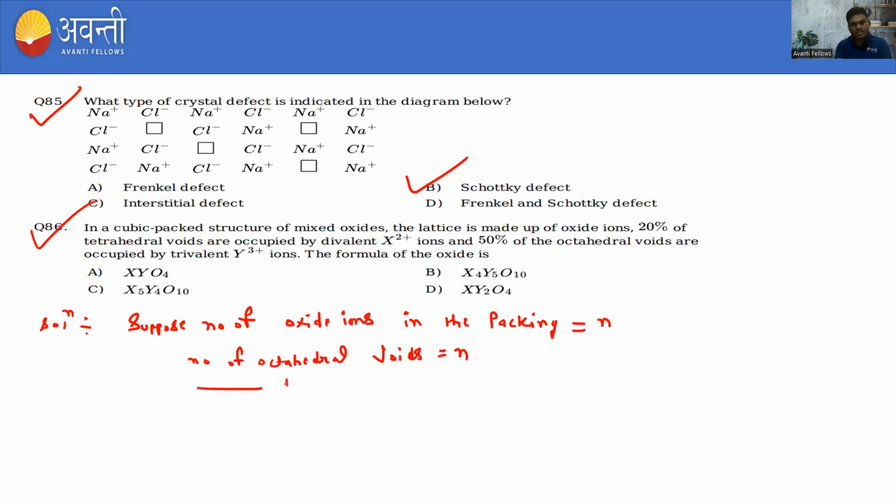So tetrahedral voids are always twice the octahedral voids. So the number of tetrahedral voids is equal to 2n.